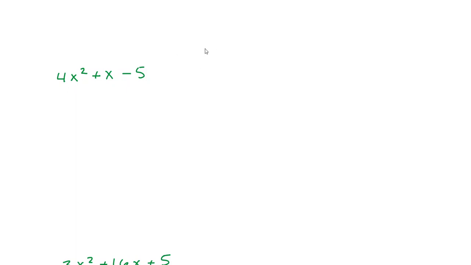All right, so we'll take 4 times negative 5 is negative 20. The factors of negative 20 are negative 1 times 20, which adds to 19, negative 2 times 10, which adds to 8, negative 3, now that doesn't work, negative 4 times 5, which adds to 1.